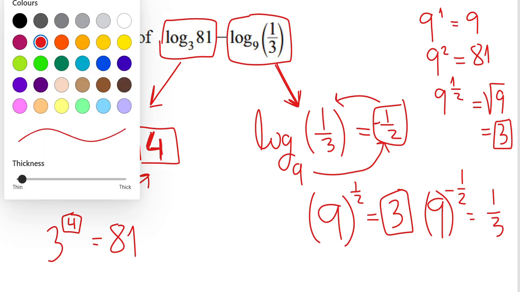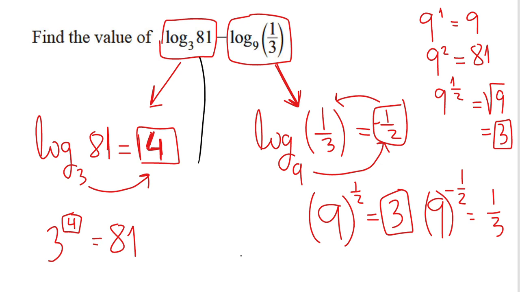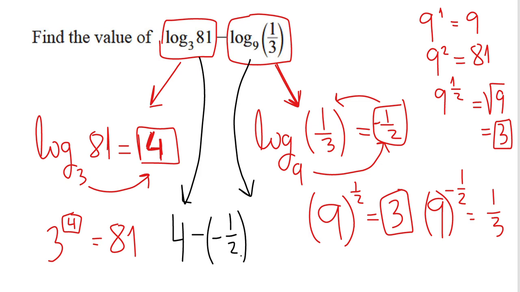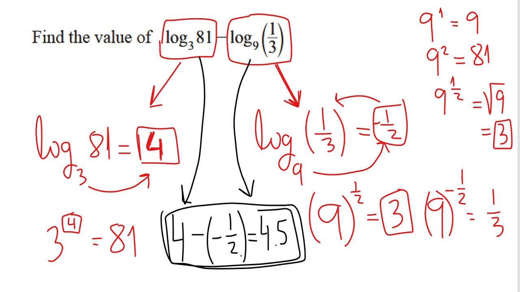Okay, now we have the final answer. On the left side, logarithm of 81 for the base of 3 is equal to 4, minus logarithm of 1/3 for the base of 9 is equal to minus 1/2. 4 minus minus 1/2 is 4 plus 1/2, which is equal to 4.5. And that is the final answer.